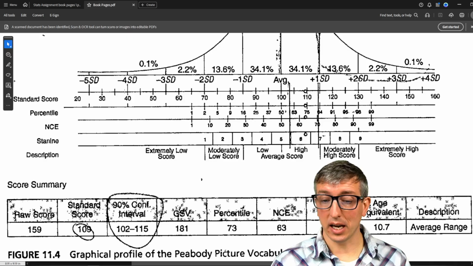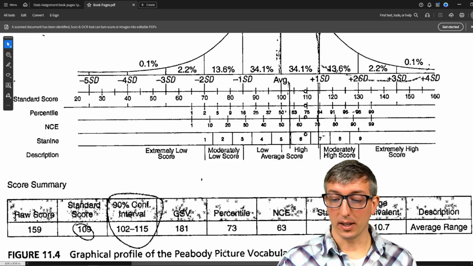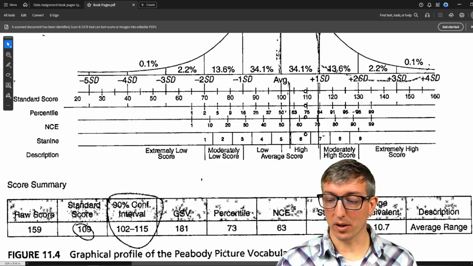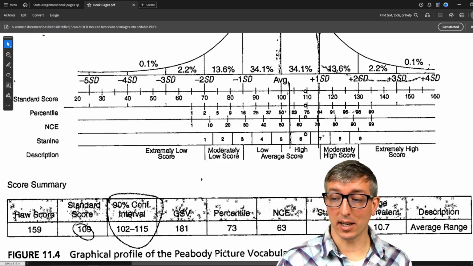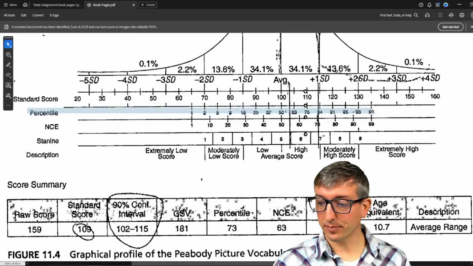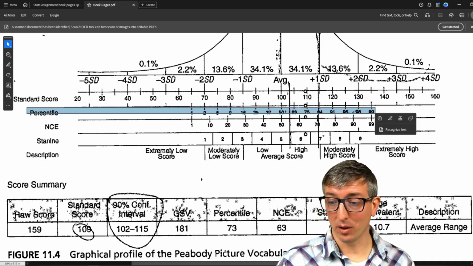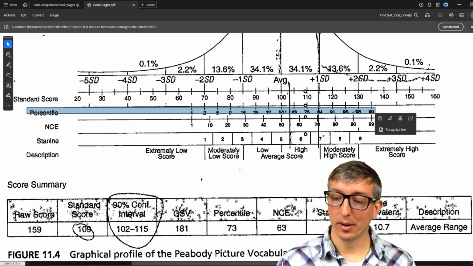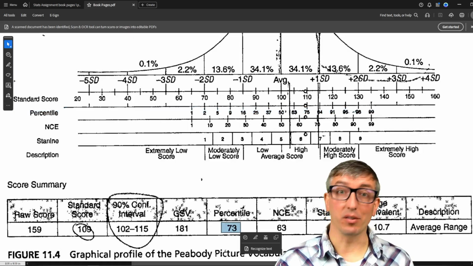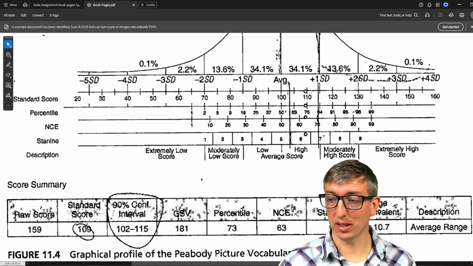They scored 109. That's their standard score, which is written down here in a table. Skip this circled thing about confidence intervals, and then we look at percentile. If you look down this row, we have the number. Can't really see it that well, but visually we know that's like 74 or whatever. Down here we can look and say, oh, it's 73. Okay, that makes sense.